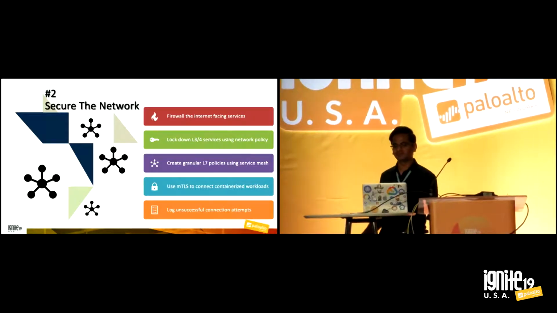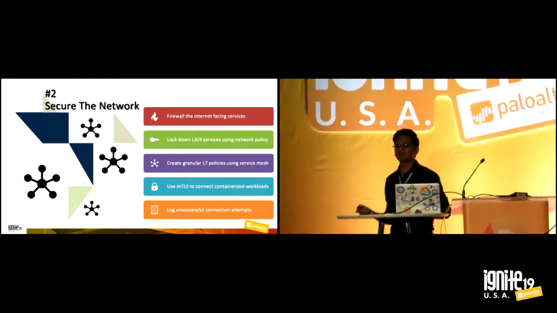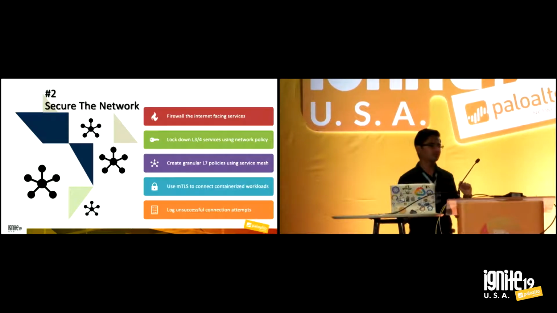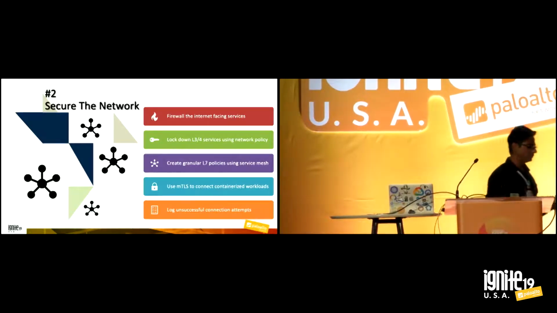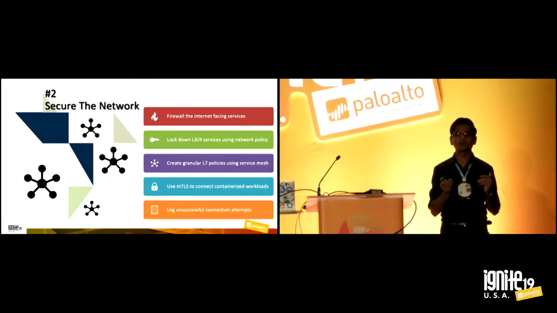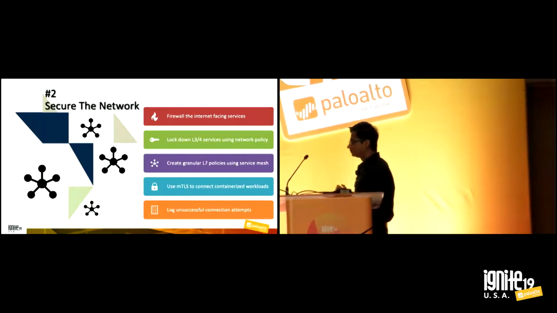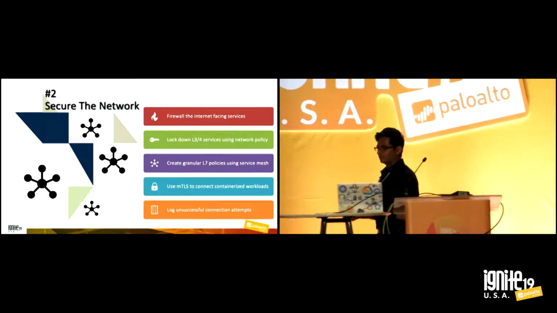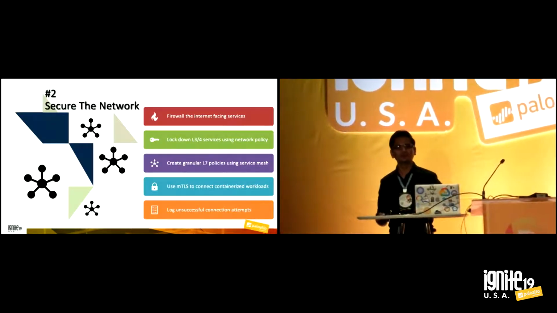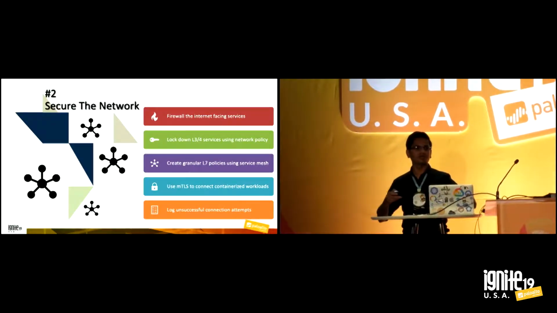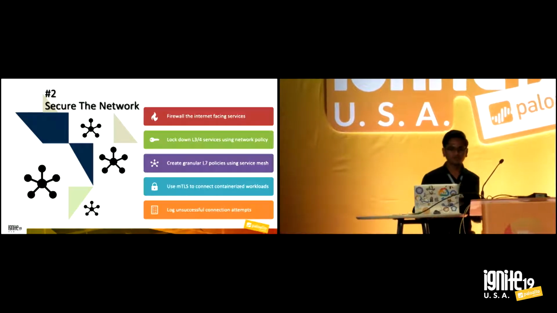Creating granular layer 7 policies using service mesh. This is some new stuff. So how many of you have heard of Istio? Service mesh? Okay. If you haven't, look it up. It's pretty cool. It goes kind of hand in hand with containers for networking.